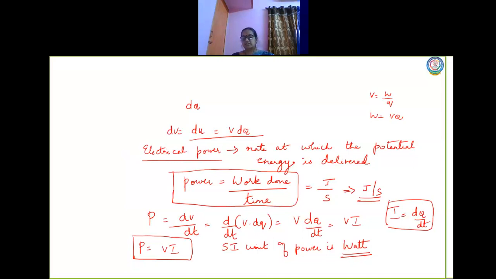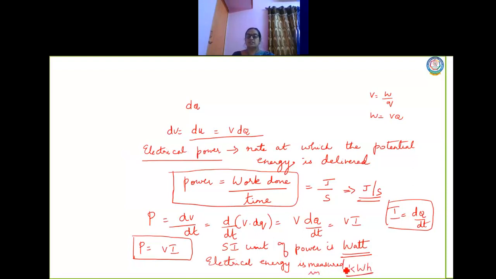Now electrical energy, for example, in our home. Electrical energy is measured in the commercial unit of electrical energy. Let me write here. Electrical energy is measured in kilowatt hour, kWh.